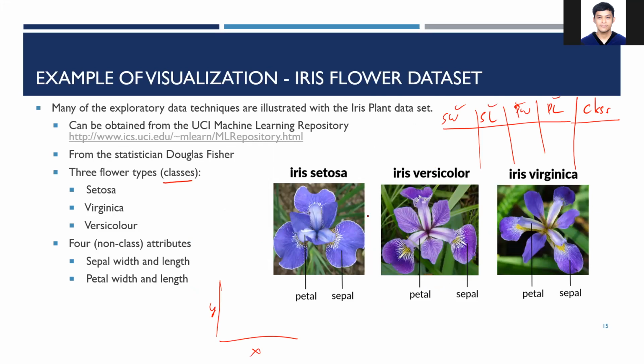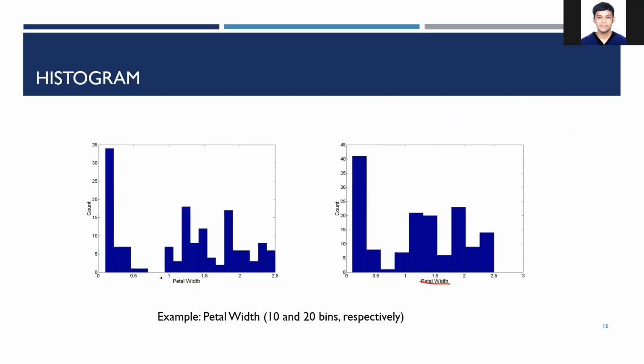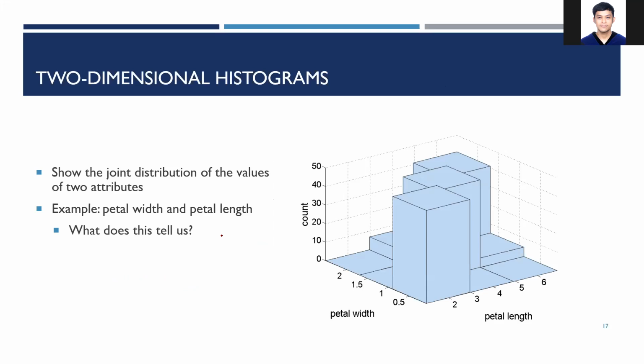This is a simple histogram for each attribute, so if we have 4 attributes, we can give 4 histograms. But we can also combine 2 attributes, for example petal width and petal length.